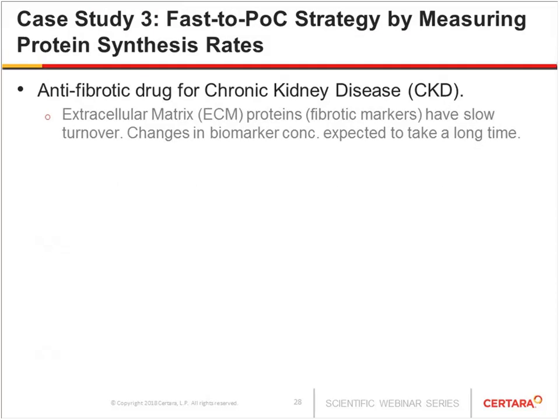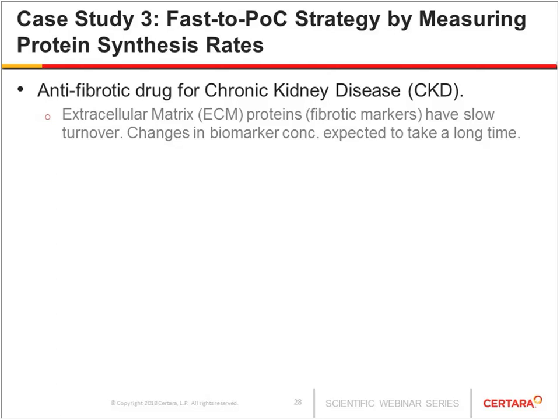So moving on to the example I'm talking about, we basically saw these as using tracer kinetics in this context as a strategy to obtain a fast proof of concept study by measuring synthesis rates. And I'm going to tell you a little bit how this would have helped in terms of giving us a faster proof of concept.